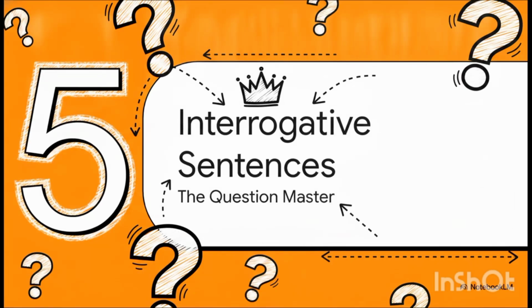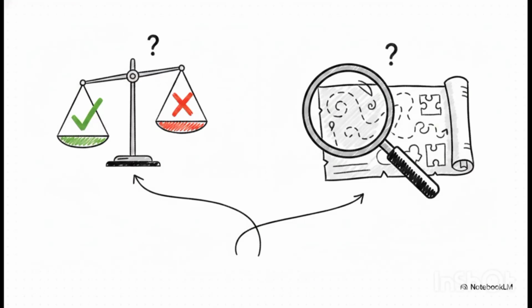All right, into our final technical section, number 5, crafting interrogative sentences, the question master. And this brilliantly illustrates how there are basically two distinct ways we ask questions in English. Type 1, interrogative, demands just a simple yes or no answer.